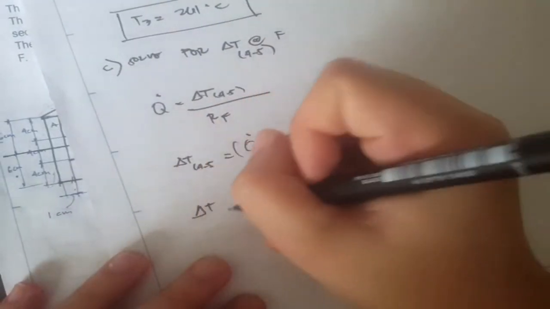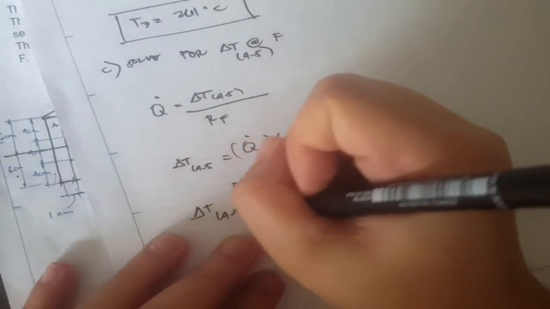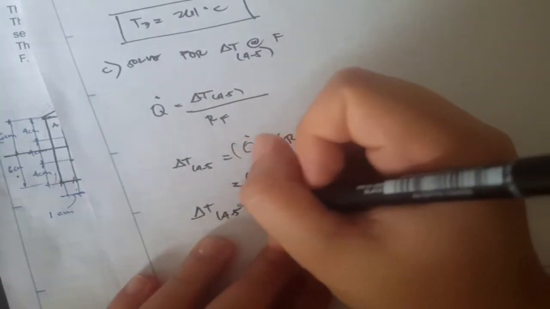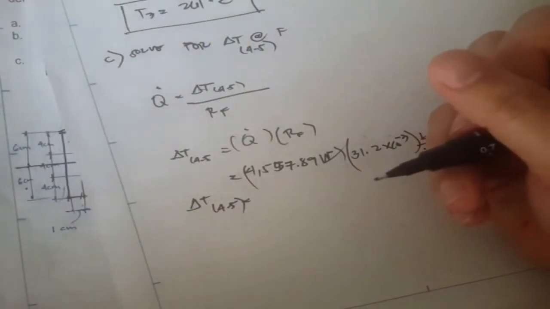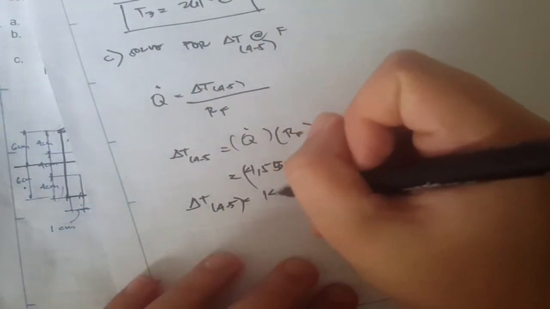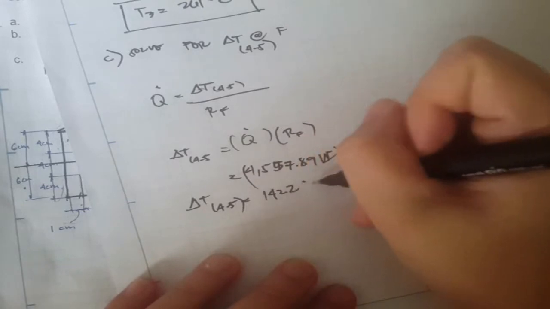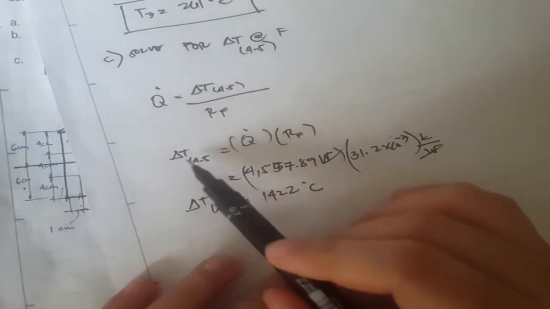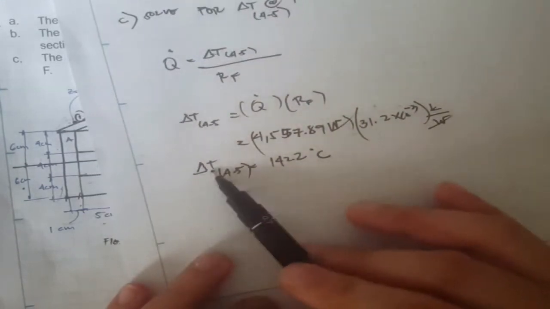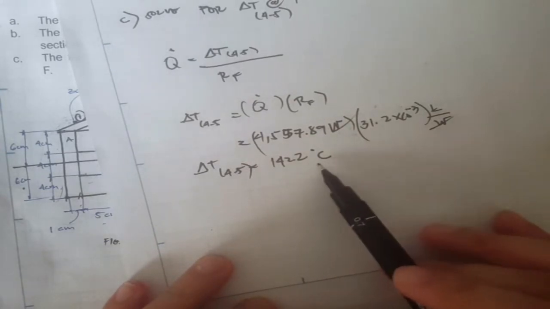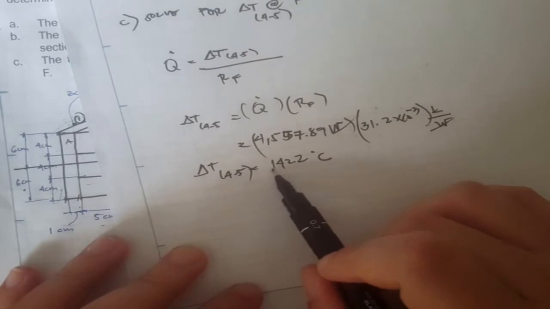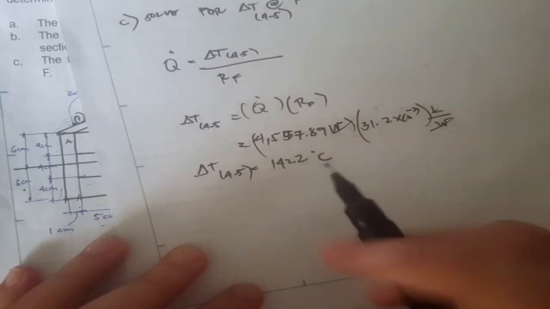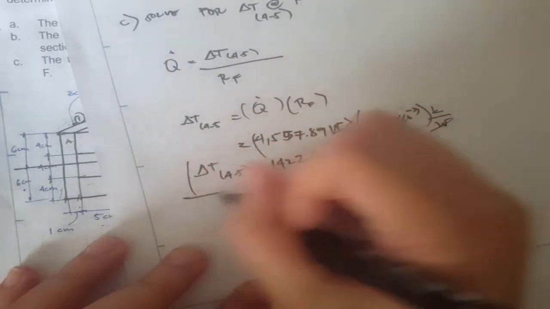So our delta T across material F is just equal to 142.2 degrees C. Since this is in the form of delta, we can use this value, with the unit 142.2 degrees C. That's it.